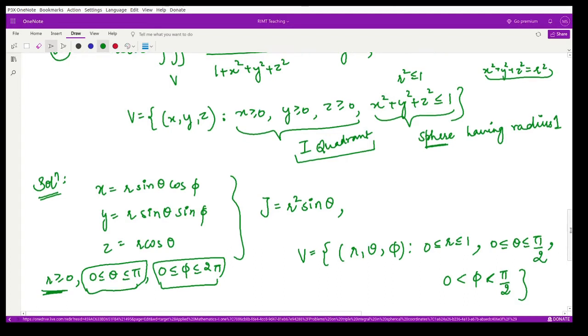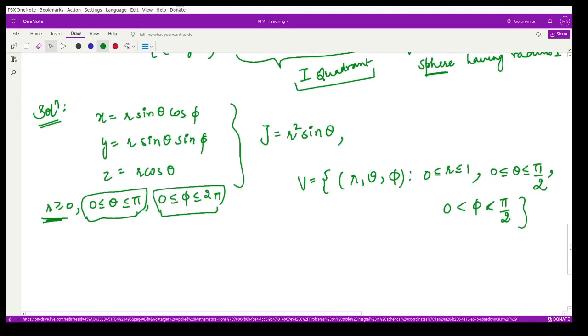So now we have got everything. We have this relationship, and we know the limits, and we know the value of the Jacobian.